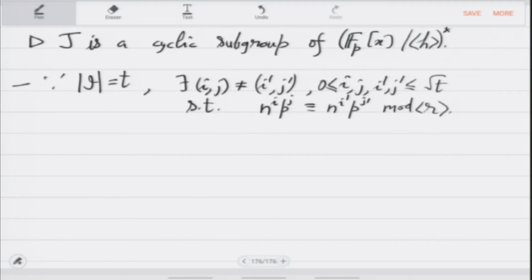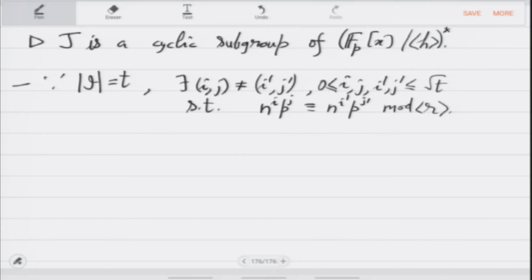Right, this is true because the number of n raised to i p raised to j is more than square root t times square root t, which is more than t, but the size of the subgroup I is only t, which means that two elements will be the same. So we can find (i, j) and (i prime, j prime) such that they are the same mod r.